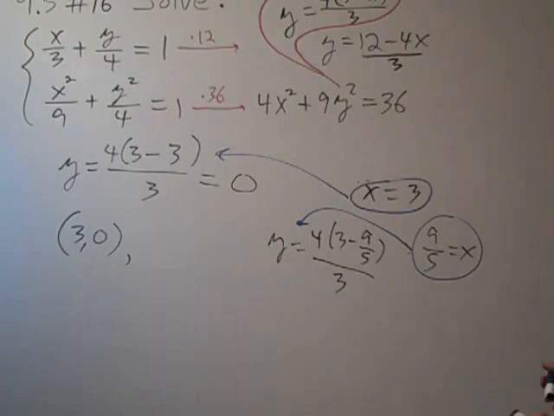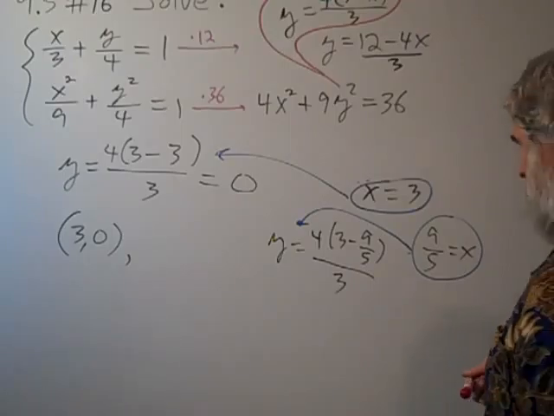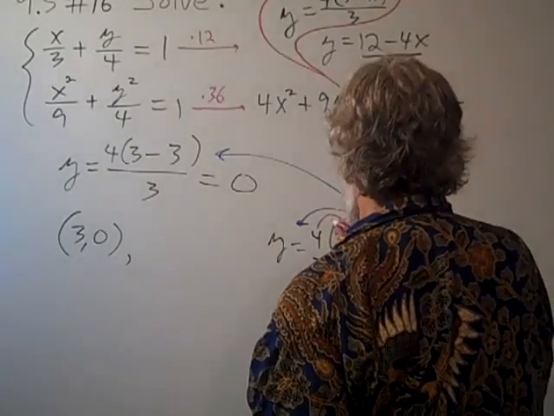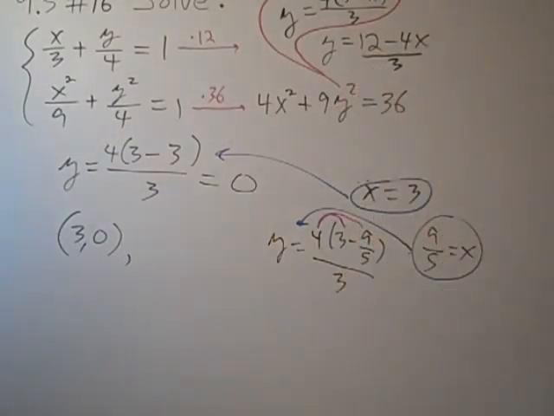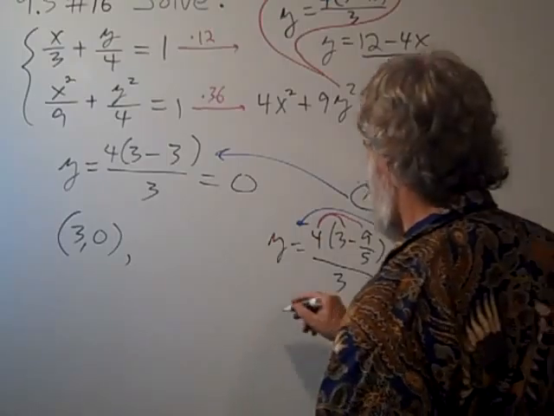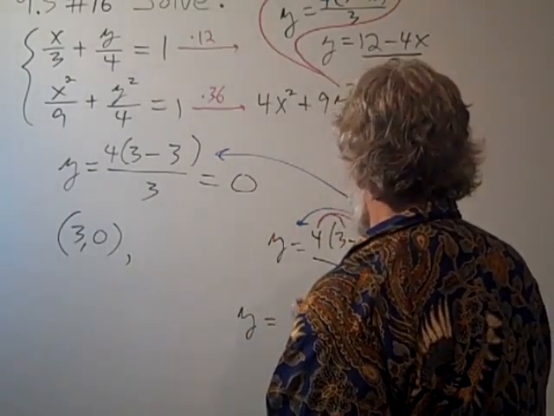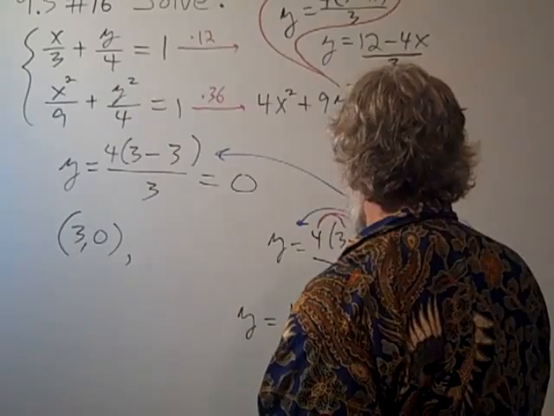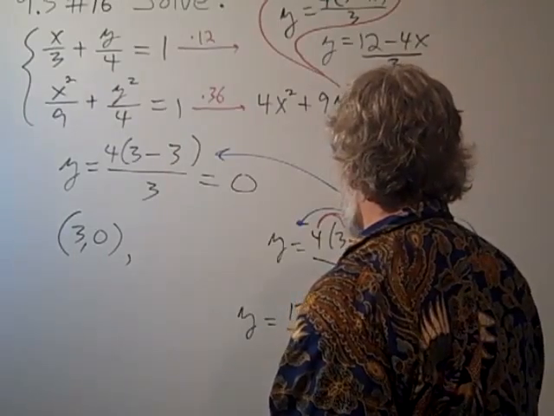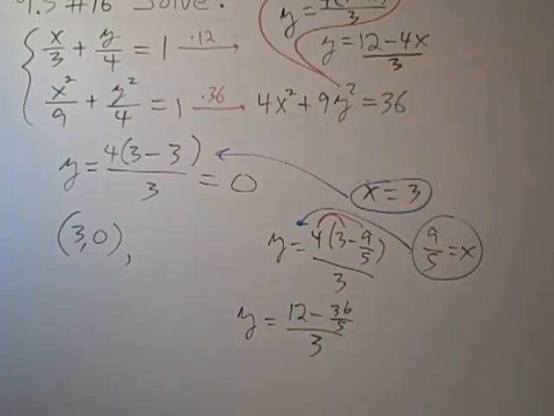So let's distribute the 4 on top. And the numerator then becomes 12 minus 36/5, divided by 3.